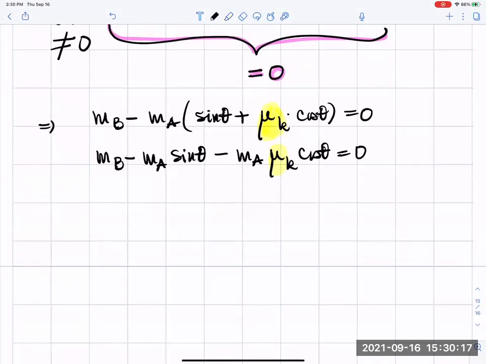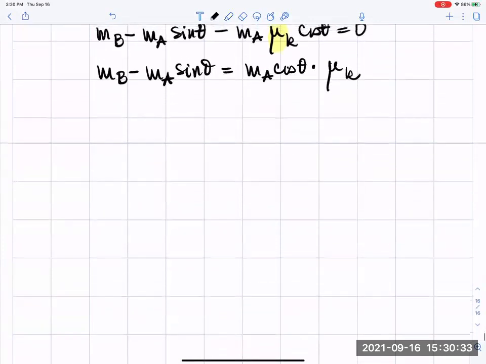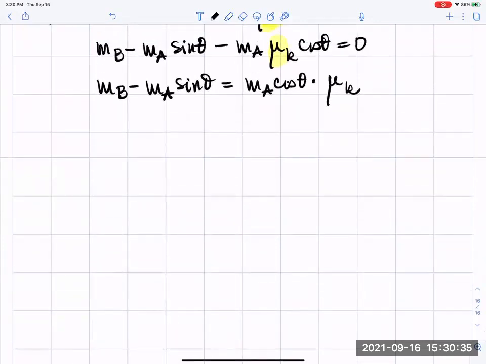Okay, I'm going to move that term to the right, or better said, you add it. So you get MB minus MA sine of theta equals MA cosine of theta times this mu K. I keep it separate. So now you can see I'm going to divide by MA cosine of theta, and you get your new mu.